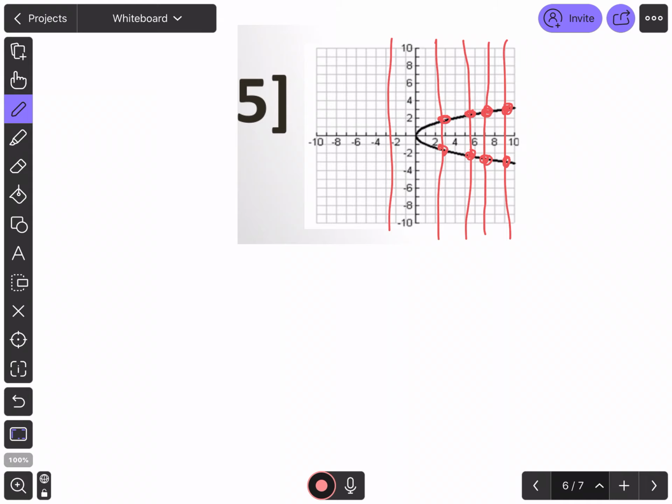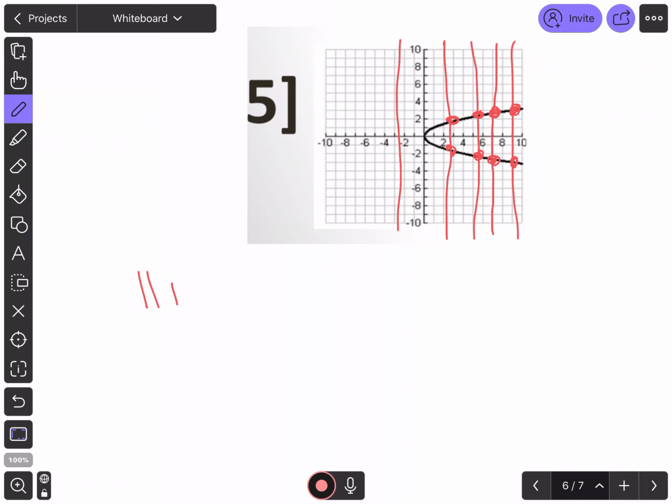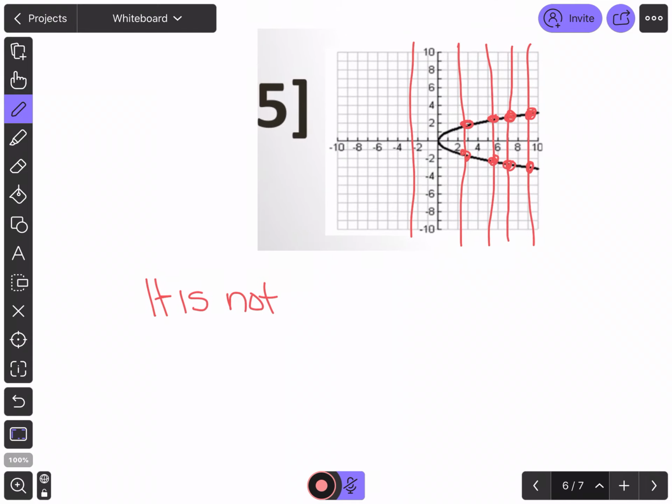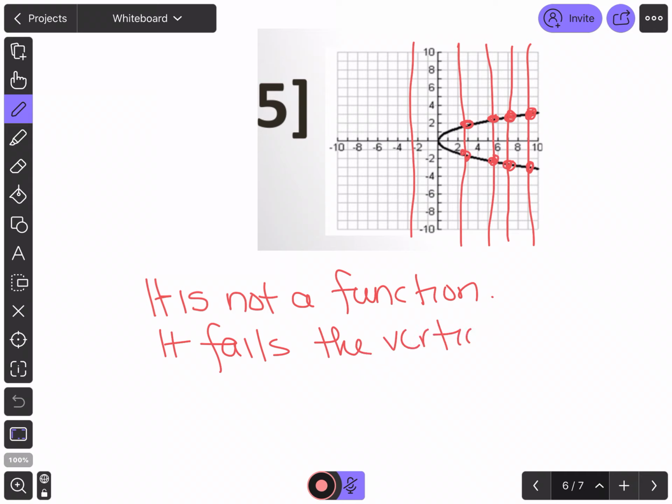What does that mean? That means it is not a function. It fails the vertical line test.